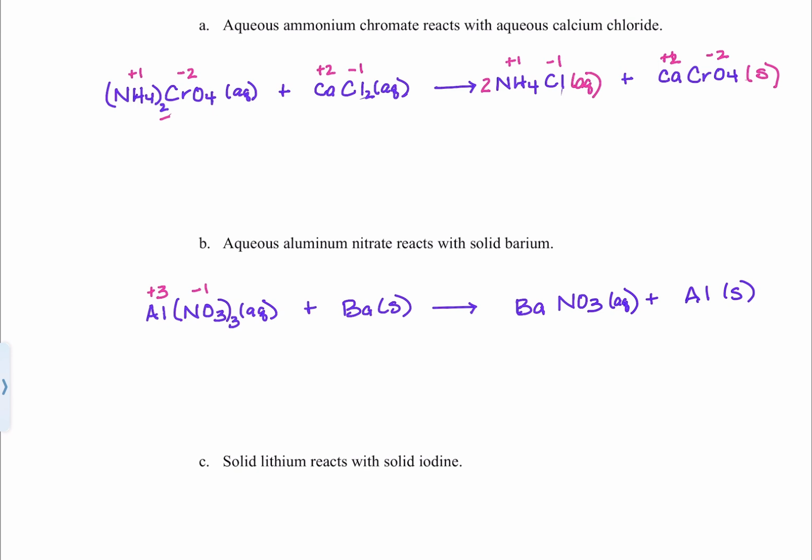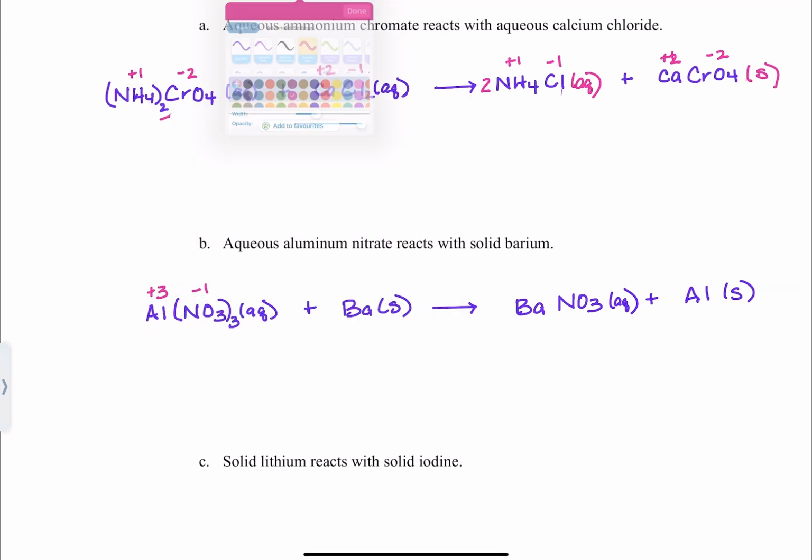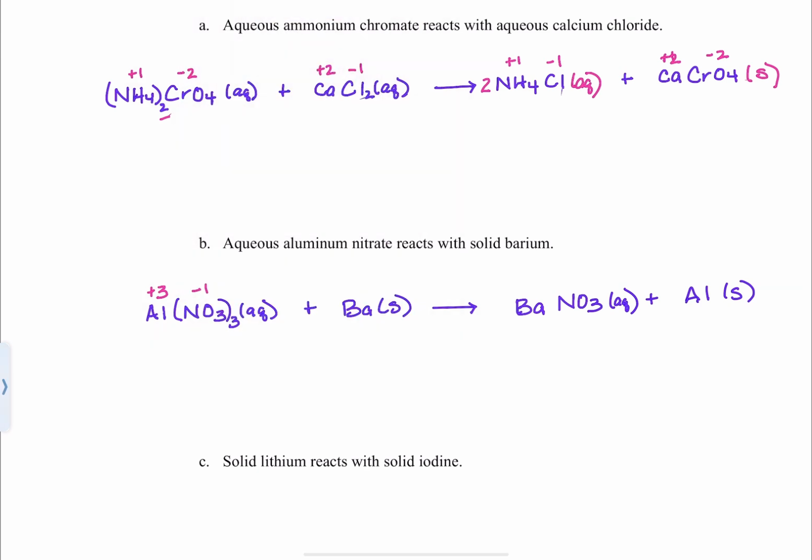Let's make sure the compound that we wrote as a product has its charges canceling each other out. So barium has a +2 charge, looking at the periodic table. Nitrate has a -1 charge. So we need 2 nitrates in order to make sure we have 2 negative charges to balance out the +2 on barium. So our compound is written correctly.